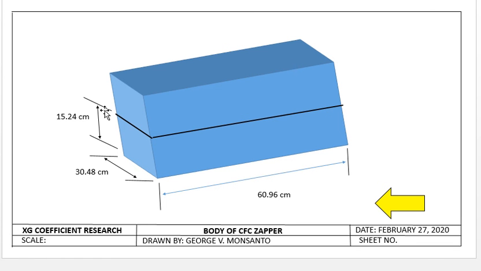So usually spectrometers have a height of 15.24 centimeters and a length of 60.96 centimeters by 30.48 centimeters as its width. So it will be able to accommodate the device.